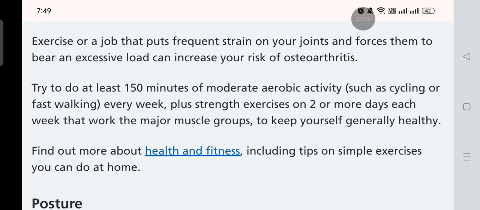Try to do at least 150 minutes of moderate aerobic activity such as cycling or fast walking every week.